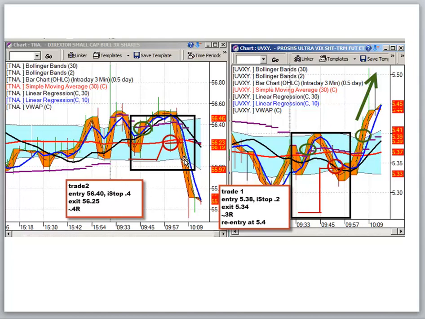There's an option here to go short TNA, or it's easier to play TZA, which is the triple leveraged inverse small cap. That would be leaving the river, just as this one is failing out of the river. I elected to stay with UVXY as it leaves the river.